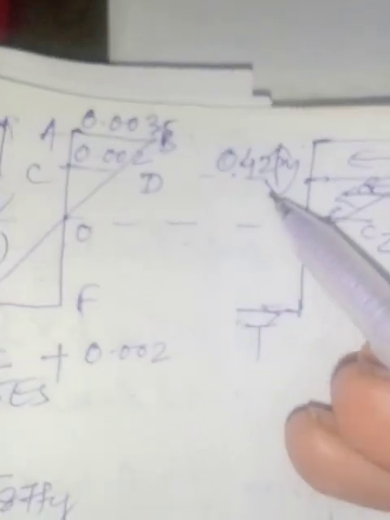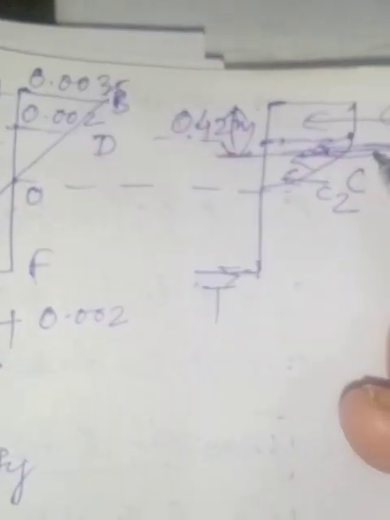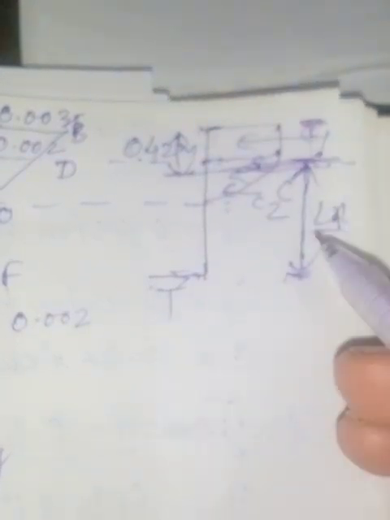From where C is acting, between C and T, this distance is called the lever arm. Clear? So total depth is d from this point to this point, and from this point to this point is 0.42 Xu. So this will be d subtract 0.42 Xu.